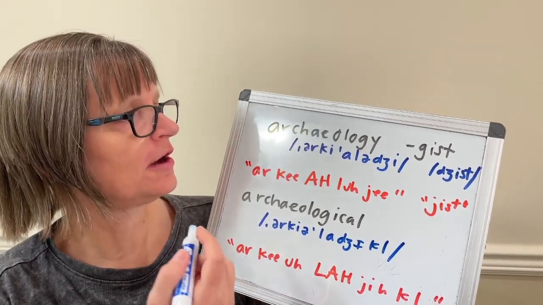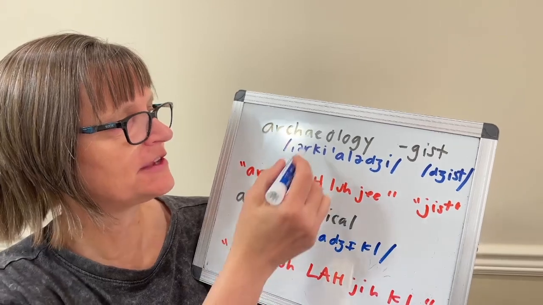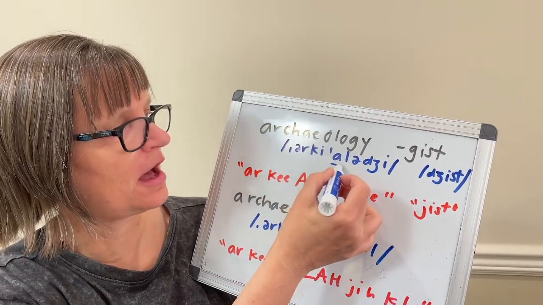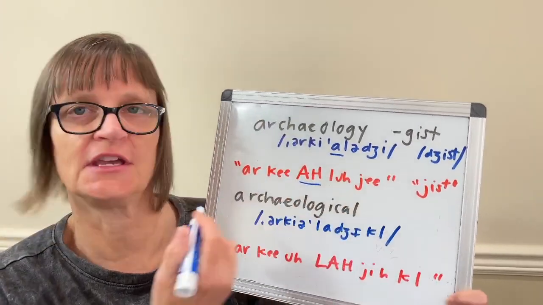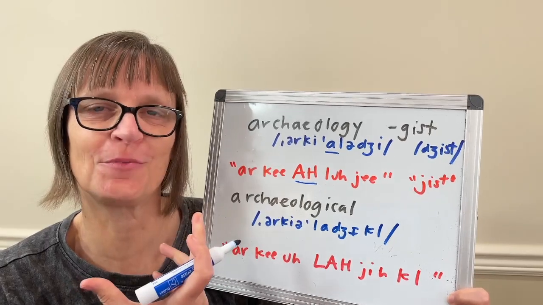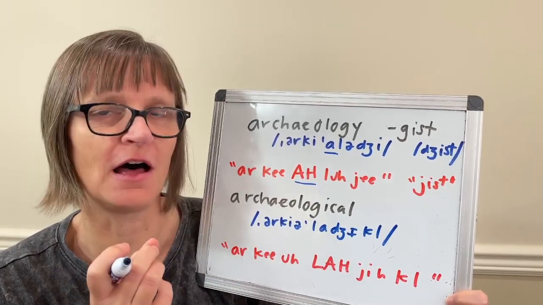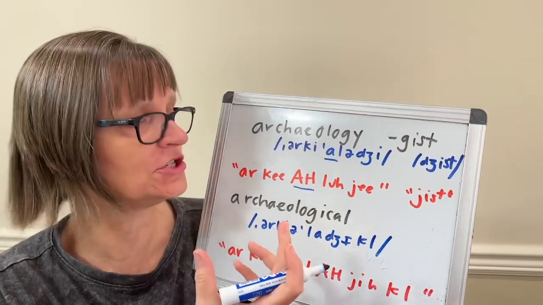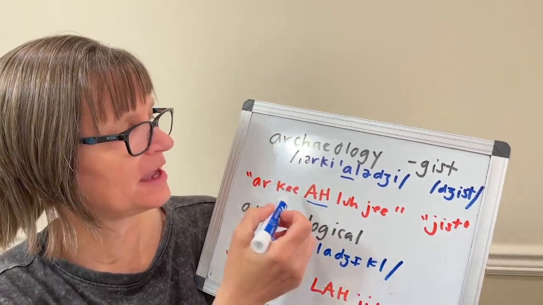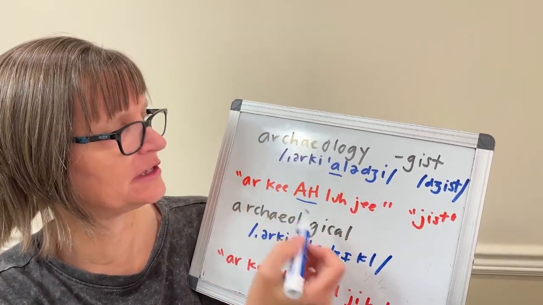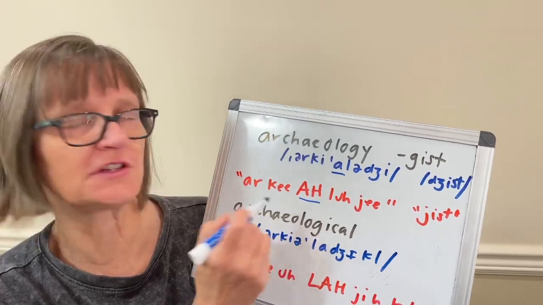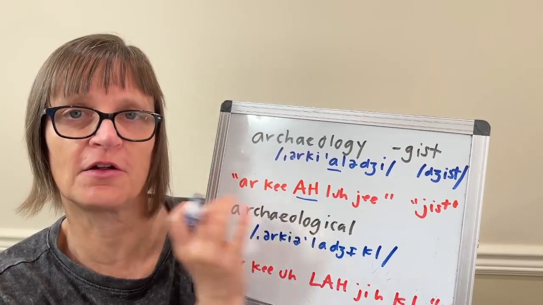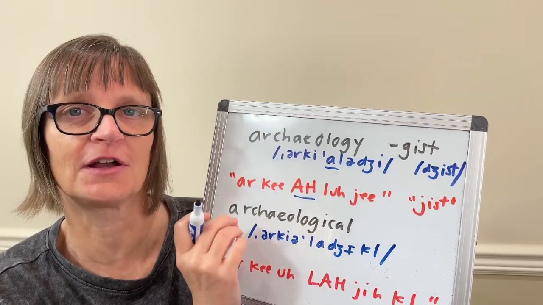For archaeology, we have the stress on the third syllable, and the letter O says the ah vowel. This is a typical pattern for English that we spell ah with O, like in hot or problem or archaeology. Because we're stressing that third syllable, our first two syllables are going to be quicker and our third syllable is going to be stretched.